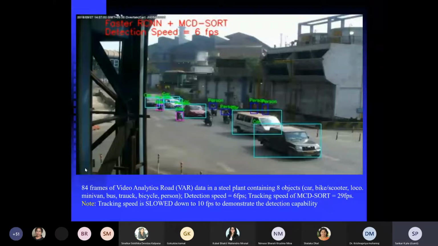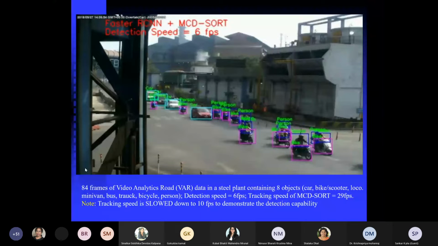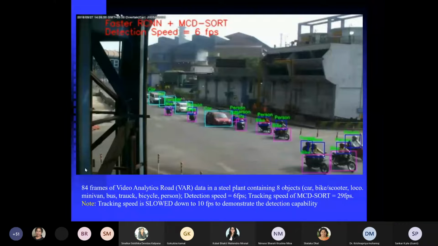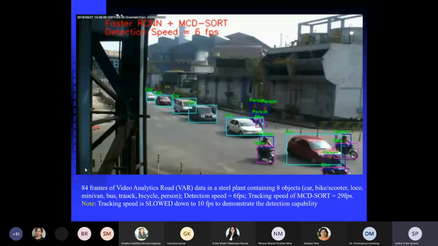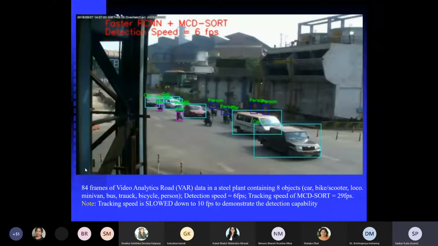Similarly, the 6 frames here is the detection speed of faster RCNN. The actual tracking speed is 29 frames per second, but here we have reduced it to 10 frames just to demonstrate the detection capability.